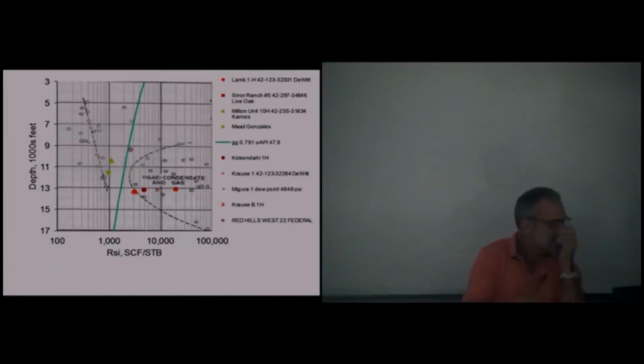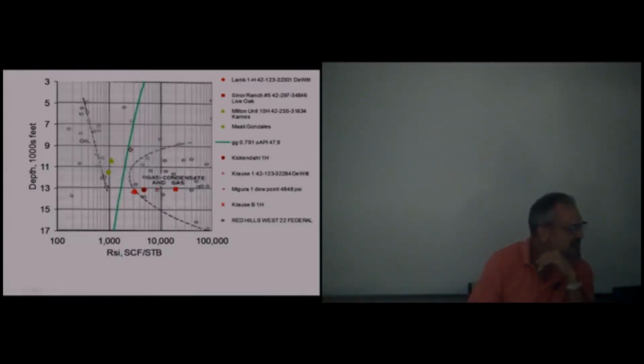For future reference, based on everything I have right now, this Red Hills symbol up here is a different reservoir. But everything but the Red Hills is Eagleford Shale. So you can see that I can draw a dividing line based on GOR for this reservoir.